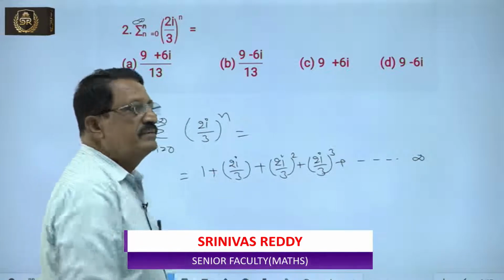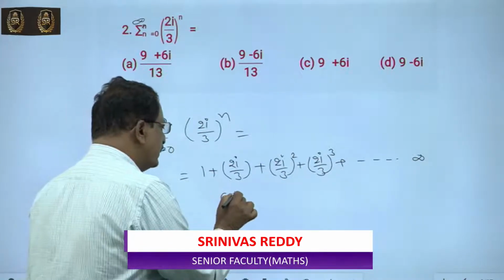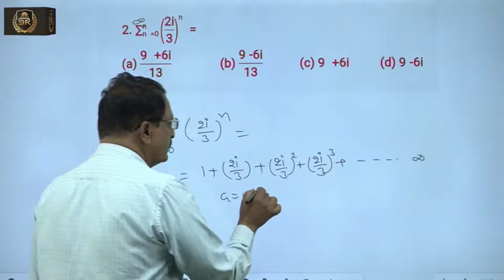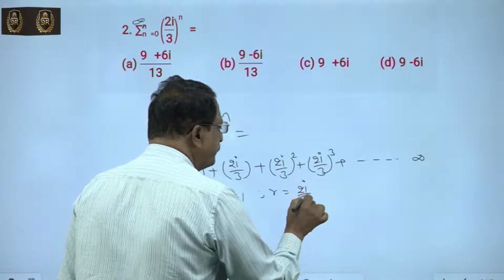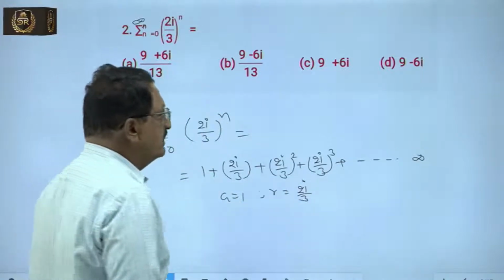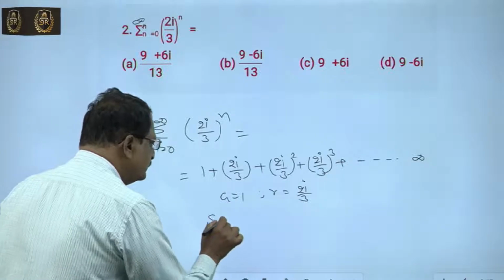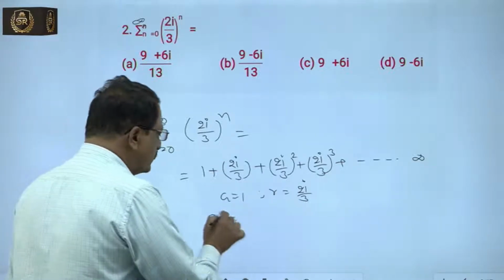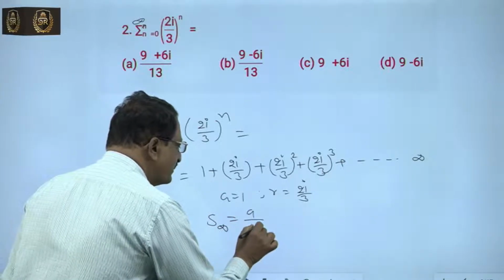Now it is a geometric progression. Here the first term a equals 1, and the common ratio r equals 2i by 3. Now the sum to infinity, in an infinite geometric progression, equals a by 1 minus r.